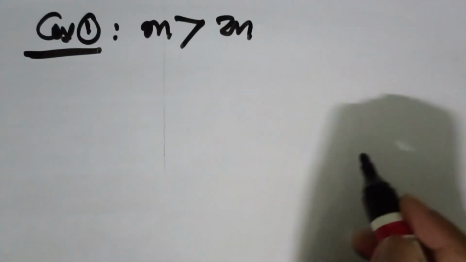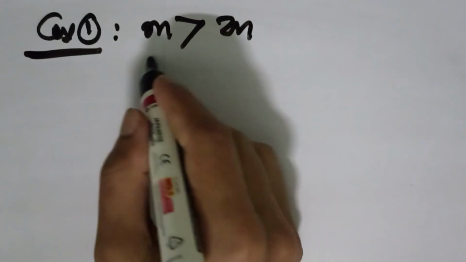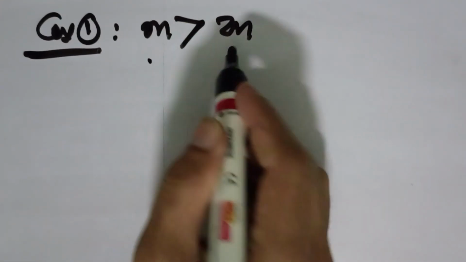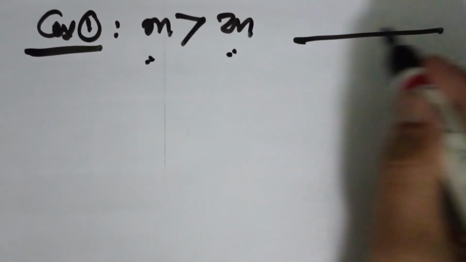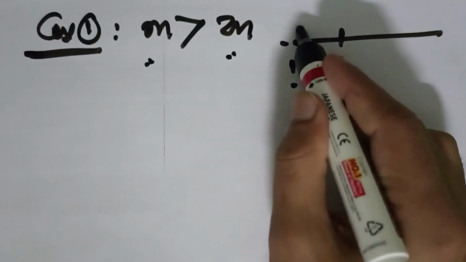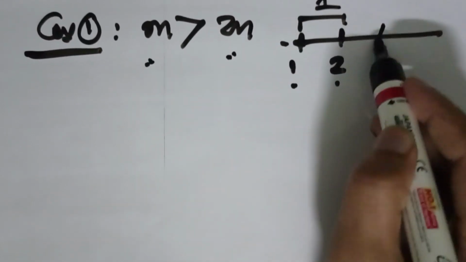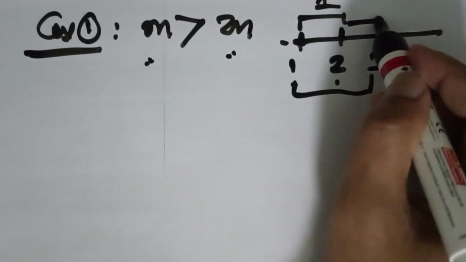Now see one thing, m is a natural number, 2n is a natural number, and m is greater than 2n. You can assume, for example, 1 is a natural number and 2 is a natural number, so between them the gap is 1. Again 3 is a natural number, and between 1 and 3 the gap is 2.